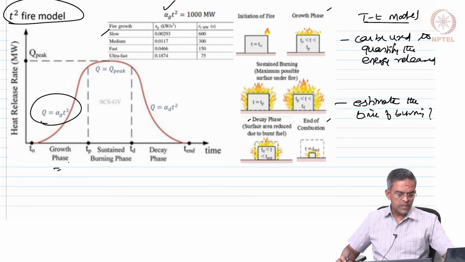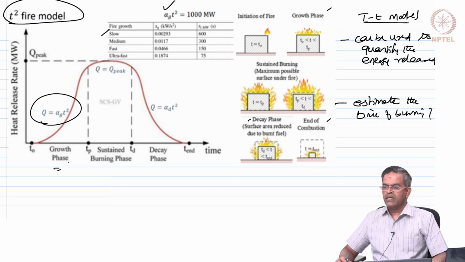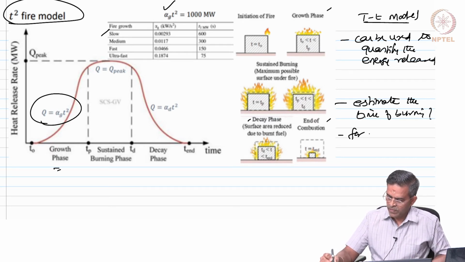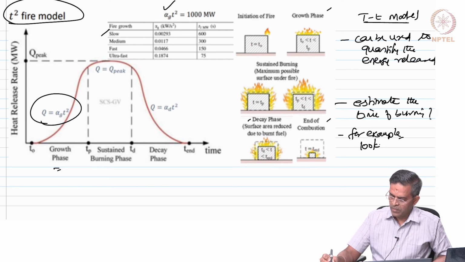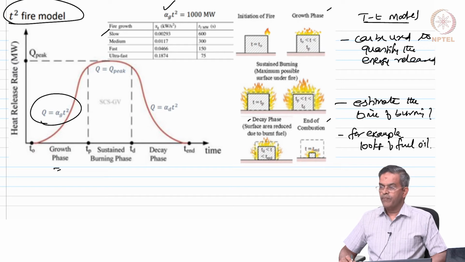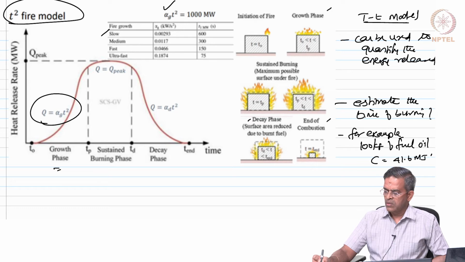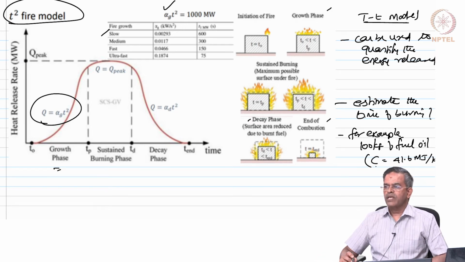So, now let us say, for example, I have 100 kg of fuel oil. The fuel oil has got C as 41.6 megajoule per kg, from the table.